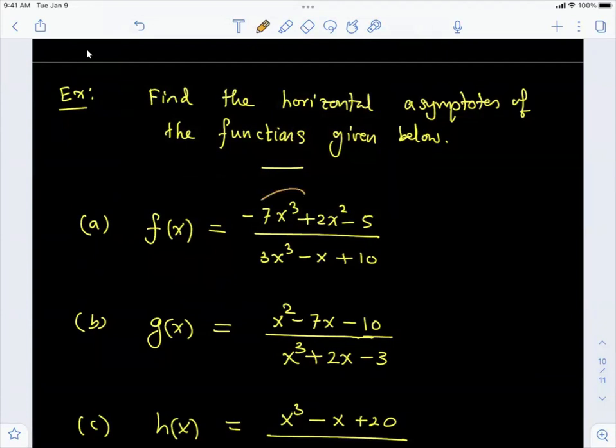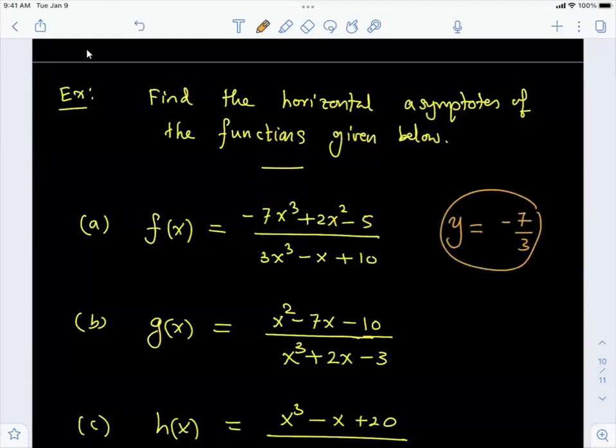When you do that computation, you're going to get the comparison between the largest powers of the numerator and the denominator. So in this situation, nothing confusing. It's going to be y equals negative 7 thirds.